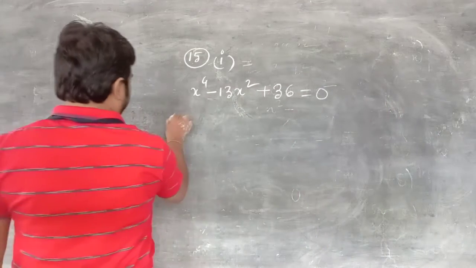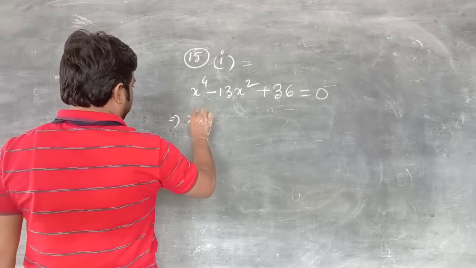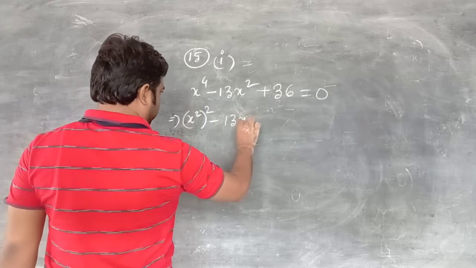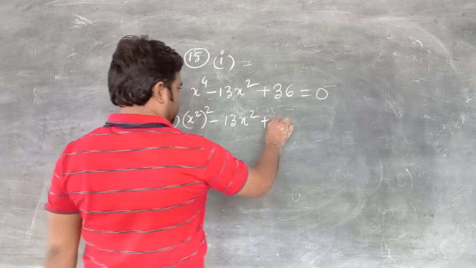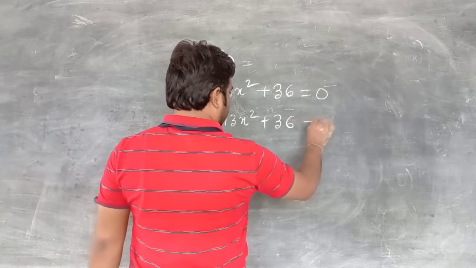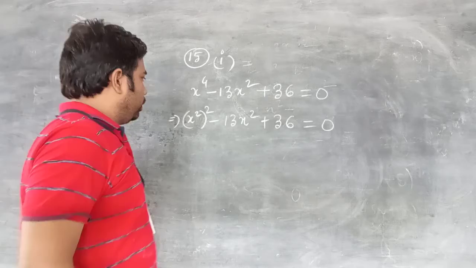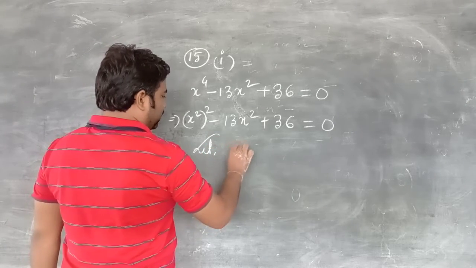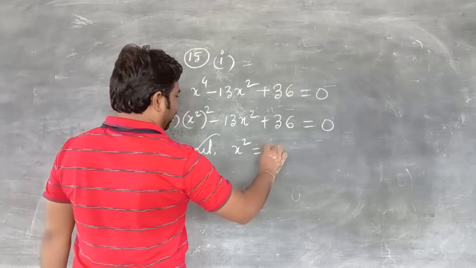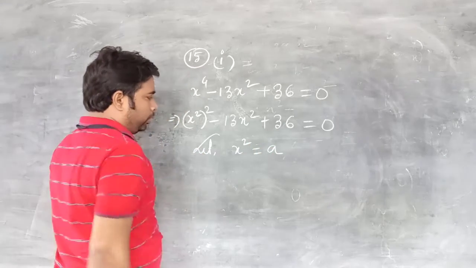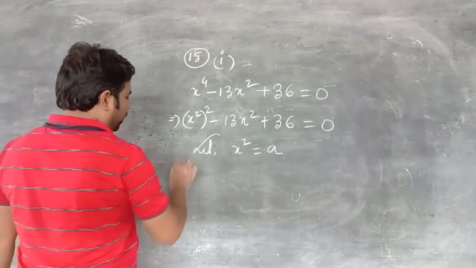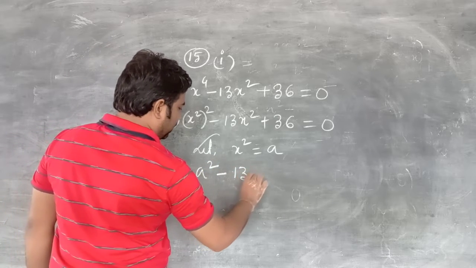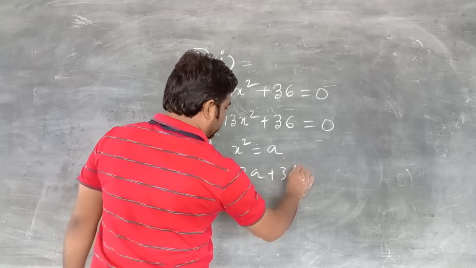So here we can write x square whole square minus 13x square plus 36 equal to 0. So let x square equal to a. So if x square equal to a, what can you write? a square minus 13a plus 36 equal to 0.